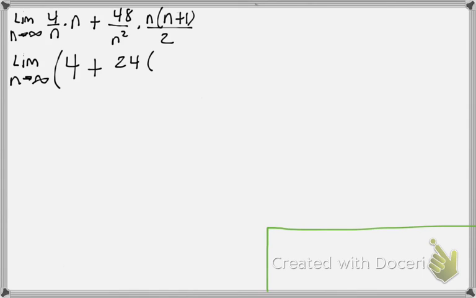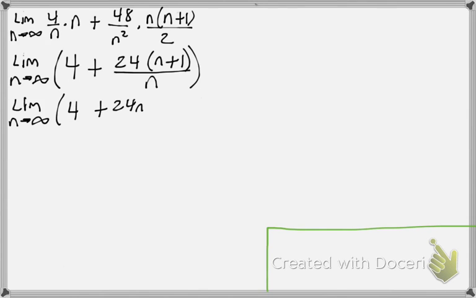So I have 24 times n plus 1 over n. And then let's distribute that 24. Okay.